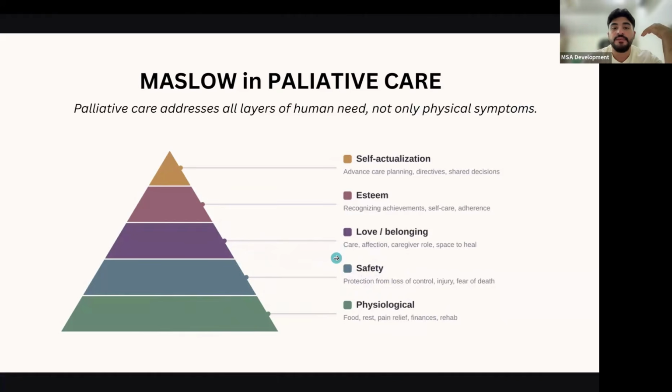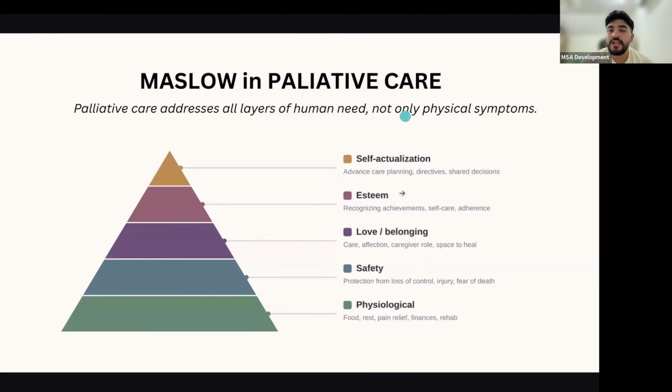Love and belonging. They need to be caring, affectionate, having the caregiver role, allowing them to heal mentally, spiritually, and physically, right? And then esteem, recognizing the achievements that they've made it this far, right? And try to make them stay adherent to the treatment protocols that they're trying to get, right?